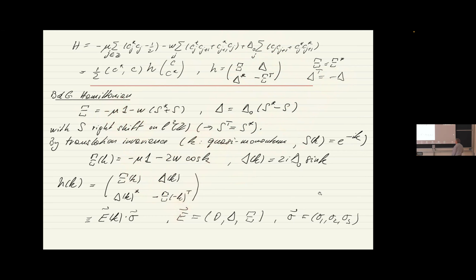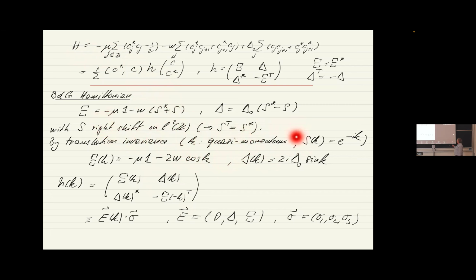Then by translation invariance, that's something we discussed earlier, it's not the same context, but essentially still the same, you can use it to introduce quasi-momentum and the fiber of all Hamiltonians according to quasi-momentum. You start with the right shift.